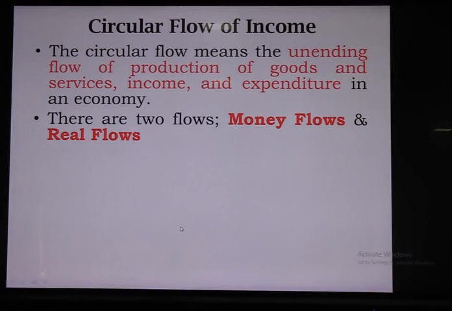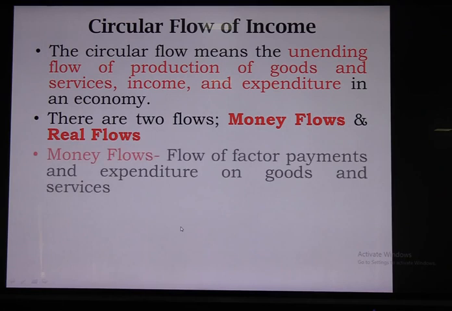So circular flow is an unending process. It is the production of goods and services, income, expenditure. There are two flows, which are money flows and real flows. So circular flow of income explains the two flows. One is the money flow and the second one is the real flow.